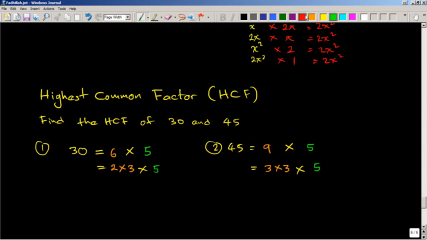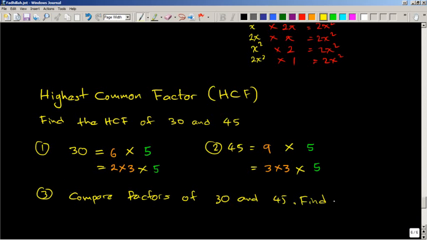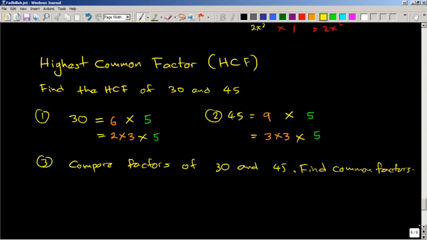Okay, this is step 3, to compare the factors of 30 and 45. Find common factors. So what are the common factors between 30 and 45?